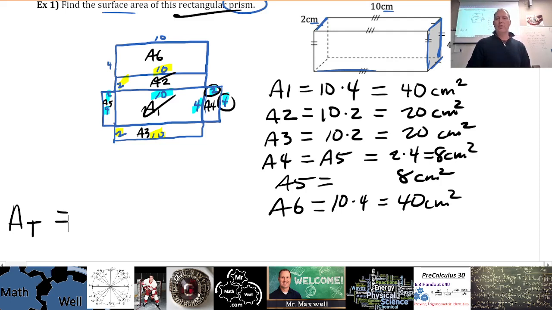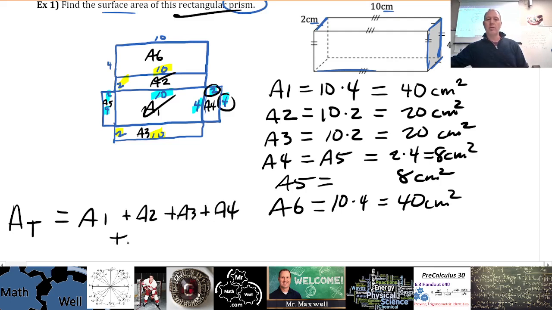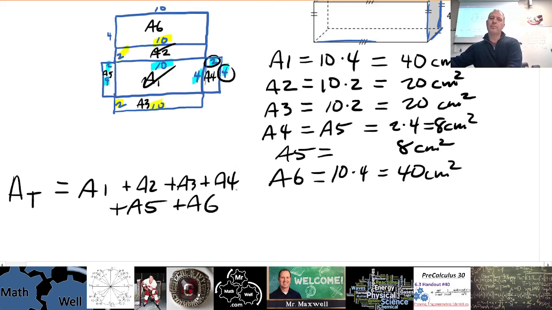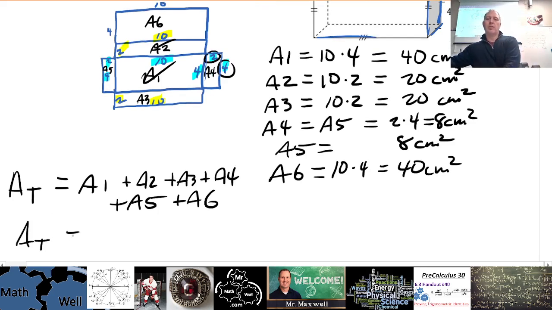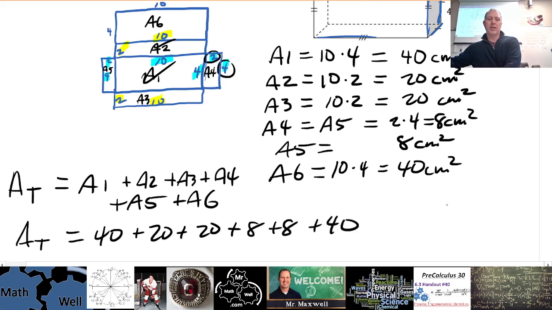So the area total is going to be area 1 plus area 2 plus area 3 plus area 4 plus area 5 plus area 6. So the area total is 40 plus 20 plus 20 plus 8 plus 8 plus 40. 1, 2, 3, 4, 5, 6.